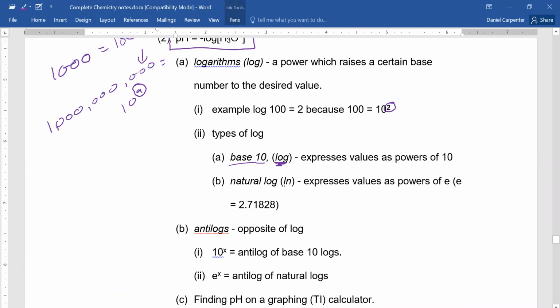There is also a button on your calculator that says ln, and that's the natural log. Instead of expressing numbers as powers of 10, it expresses numbers as powers of e. E, in case you care, you do not need to know this, is 2.71828 and more.